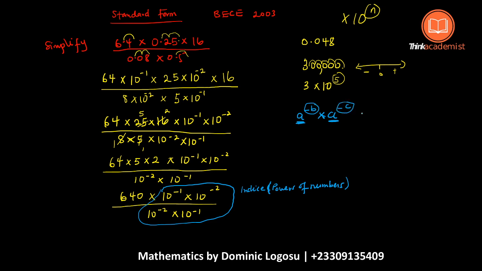Okay, so this can be written as what? A raised to the power b plus into brackets c. Okay, so it's the same principle we are going to apply here.